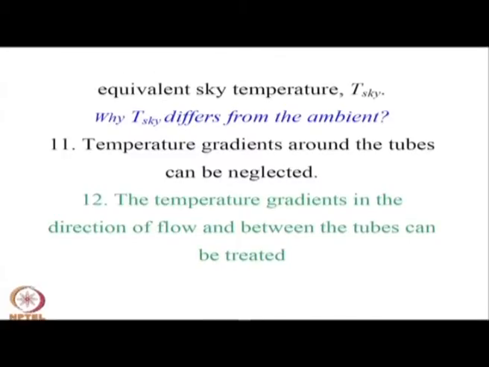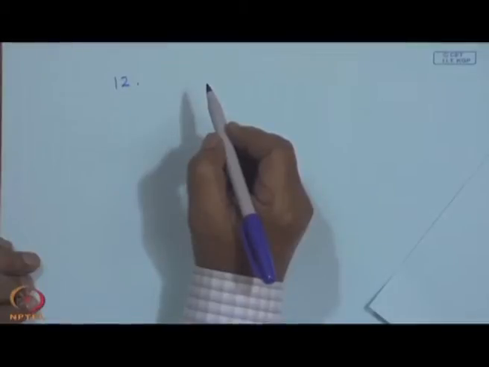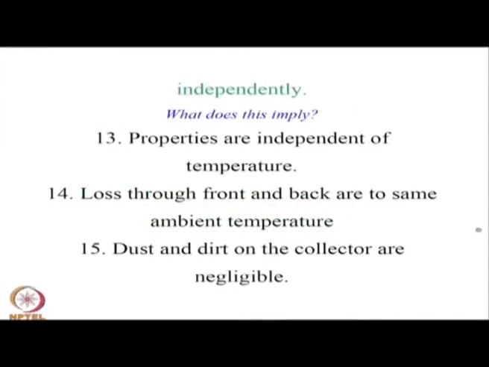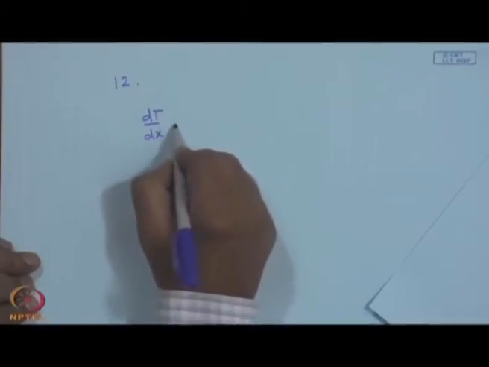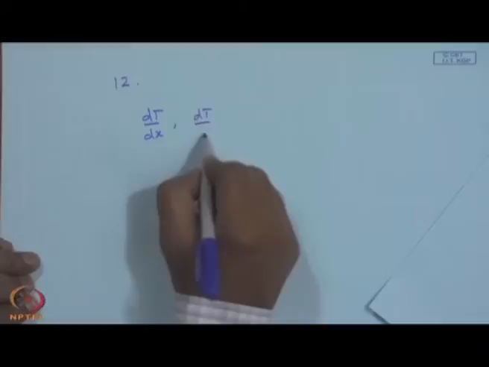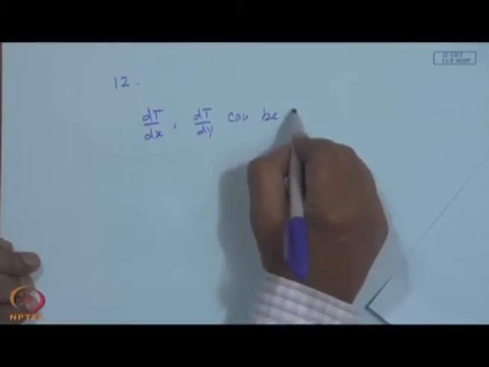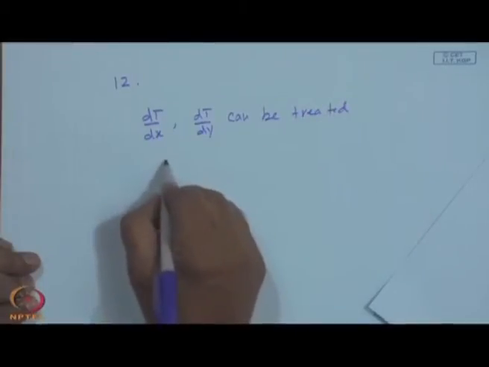The temperature gradients in the direction of the flow and between the tubes can be treated independently. That means, dT dx and dT dy can be treated independently.